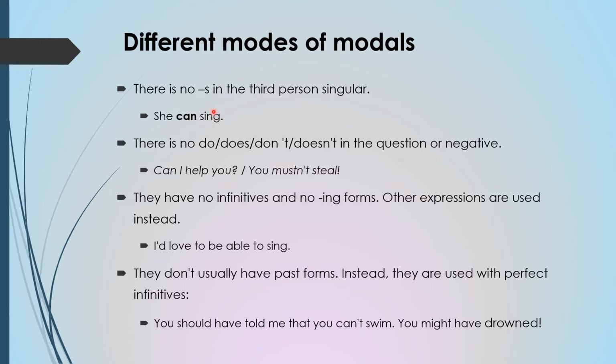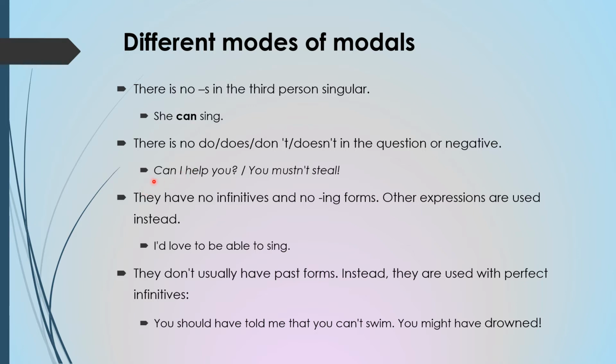Another thing is that sing is a main verb, but still there is no s or es after the third person singular number, and there is no does, don't, or does not, whether it is a question sentence or a negative sentence. For example, "Can I help you?" is an interrogative sentence, but you can see there is no do or does or don't or does not.